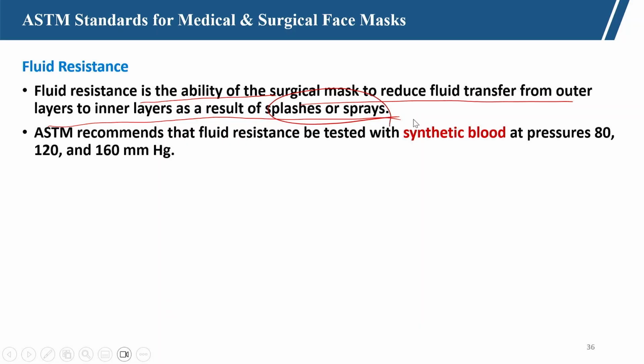ASTM recommends that synthetic blood be injected at different pressures: 80, 120, and 160 millimeter Hg, the mercury pressure.